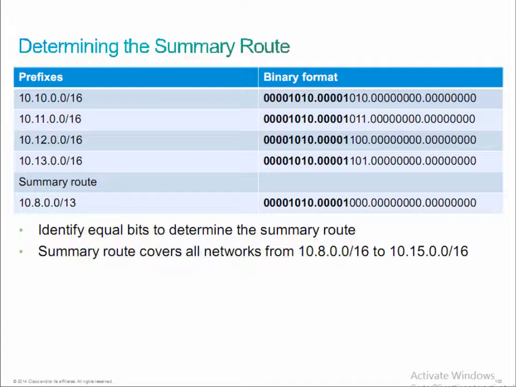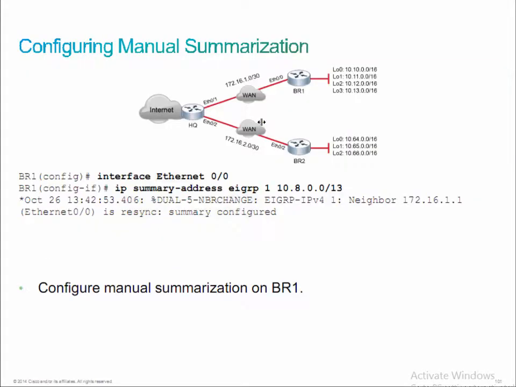And we'll do the same thing with the other side as well. So let's go ahead and configure our summary. This is what it's going to look like. Whenever you're doing summaries in EIGRP, you summarize on the interface that you want to advertise the summary out of. That wasn't a very grammatically correct sentence, but we place the summary on the interface that's going to end up advertising the summary.